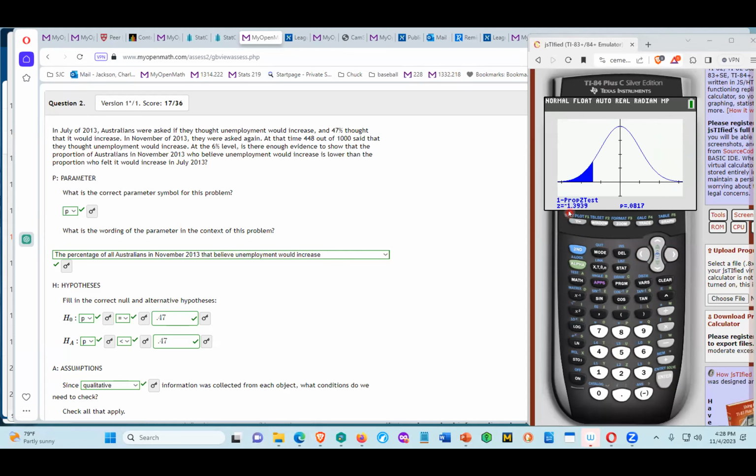So the test stat z is negative 1.3939. The p-value is 0.0817. Let's see. Is that the right problem?